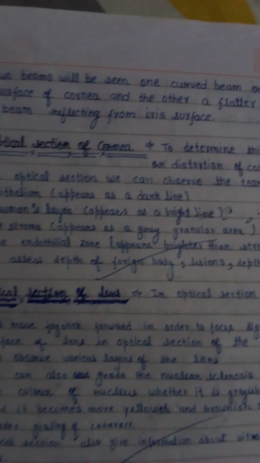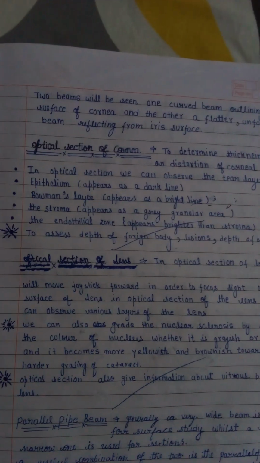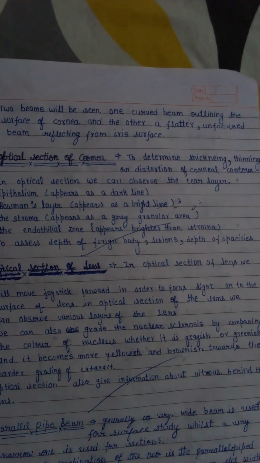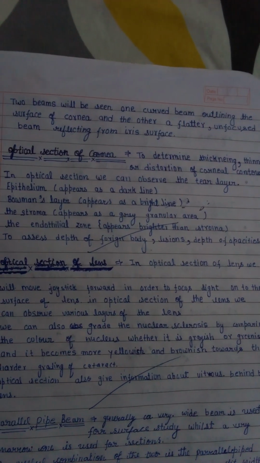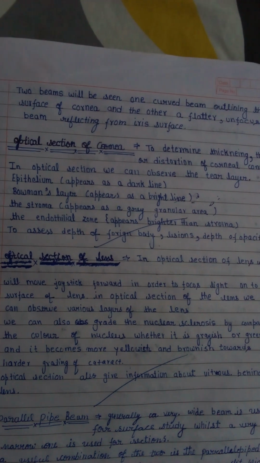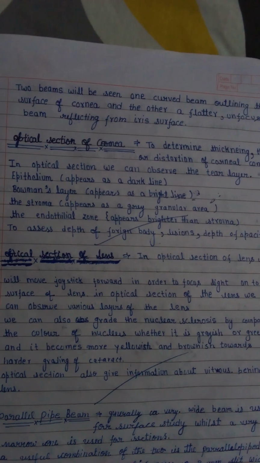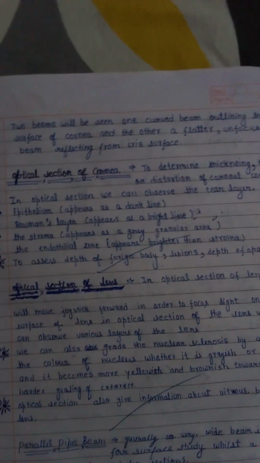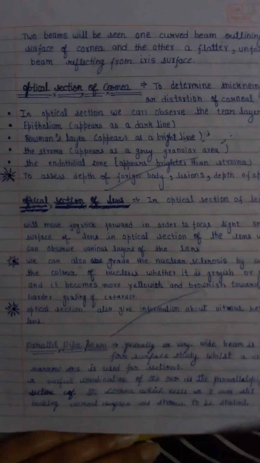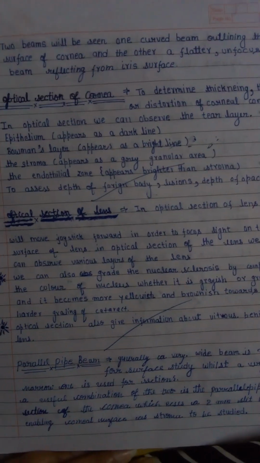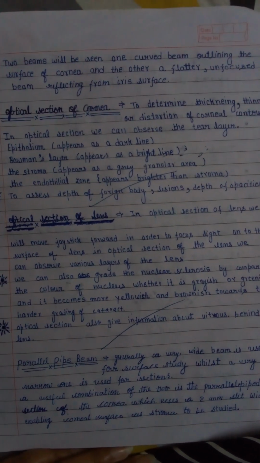Now, in optical section, two beams will be seen: one curved beam outlining the surface of the cornea and another, a flatter unfocused beam reflecting from the iris surface. One beam will be seen on the surface of the cornea, and that will be curved because our cornea is dome shaped, so it will outline the surface of the cornea.